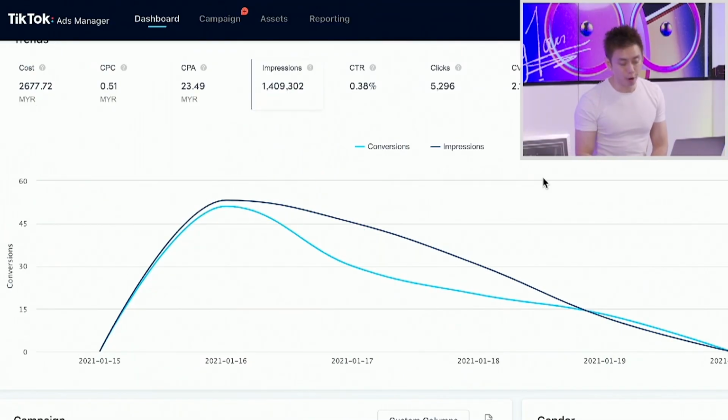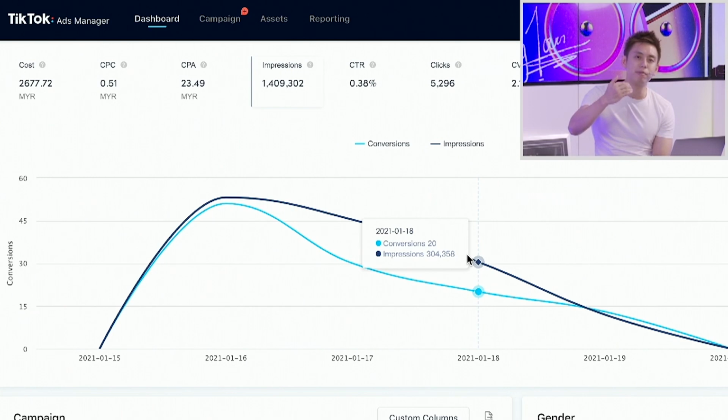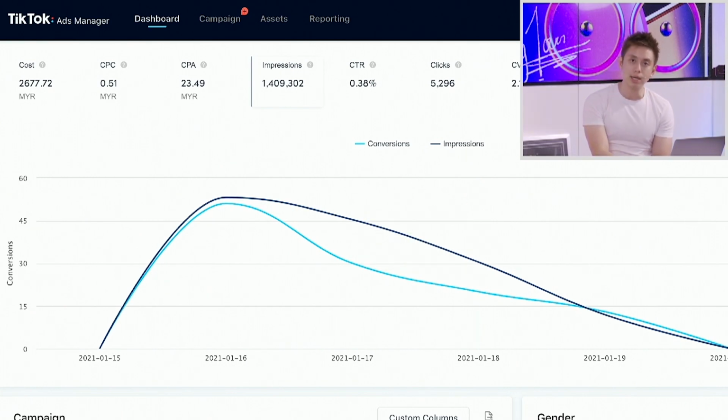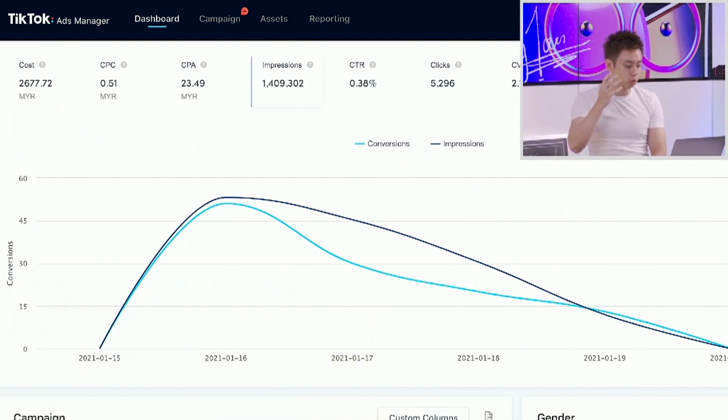And finally, number 4, another big disadvantage of TikTok ads. Well, you can't see it from here. But basically, whenever you see an ad appear on TikTok, when you click on the ad, it does not help you with your organic growth. You see, with Facebook ads, when you run ads, you will be able to create an ad where people can click on your profile.